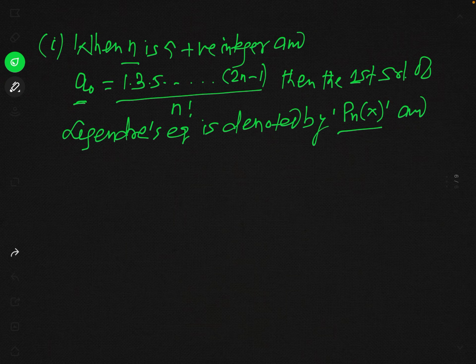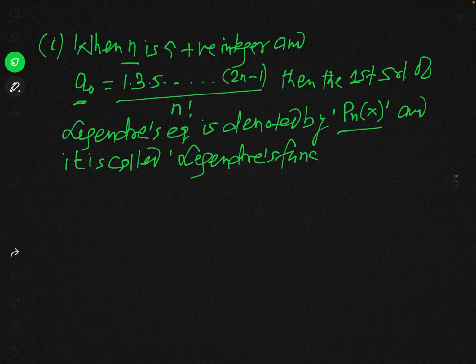So what will we write for y1? Pn of x, and it is called Legendre's function of first kind.